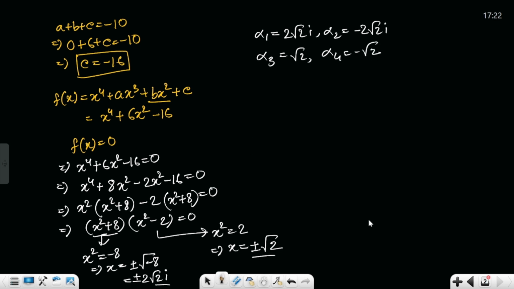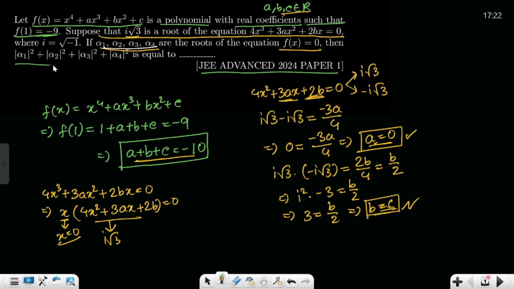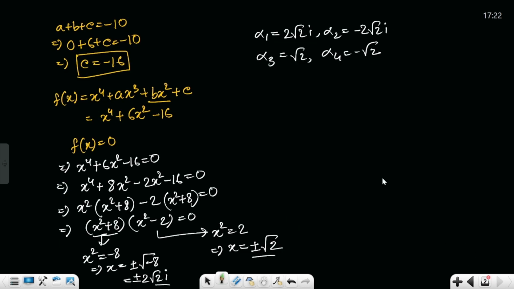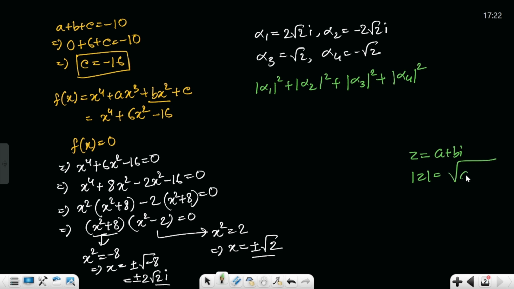So what we need to do, we need to find the value of this. Okay, so let us write it here. It is mod alpha 1 squared plus mod alpha 2 squared plus mod alpha 3 squared plus mod alpha 4 squared. So you should know that if there is a complex number like z equal to a plus bi, then mod z will be equal to root over a square plus b square.